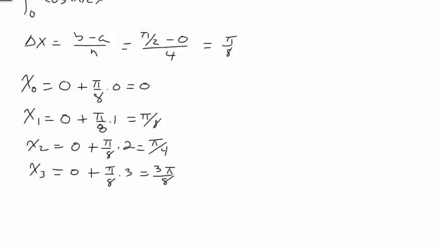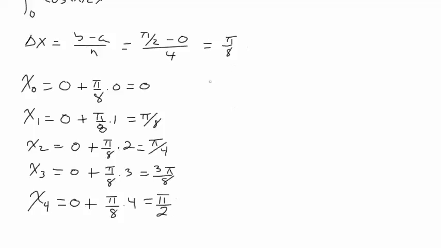If you're not familiar with Simpson's rule, you might want to check out section 2, or button 2, whatever you want to call it. Then 0 plus pi eighths times 4 reduces down to pi halves.